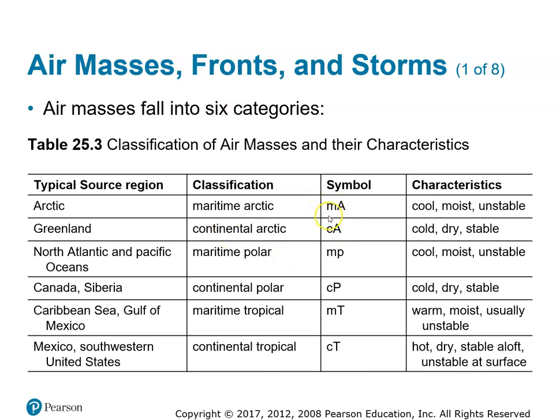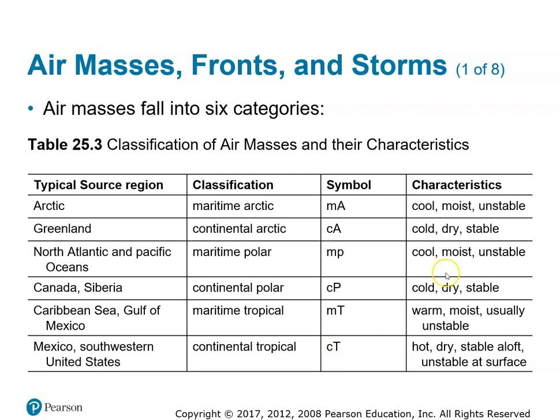And notice the m is lowercase. So mA is maritime Arctic. It's supposed to be a capital P, by the way. mP is maritime polar. All right, so mT would be maritime tropical, or cT, continental tropical.